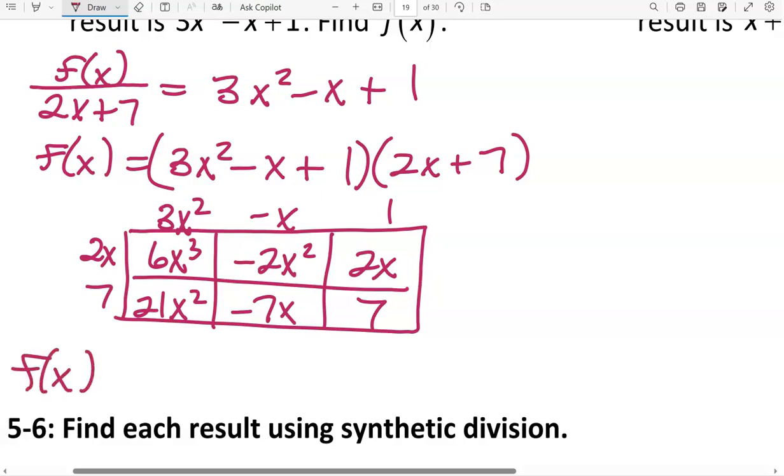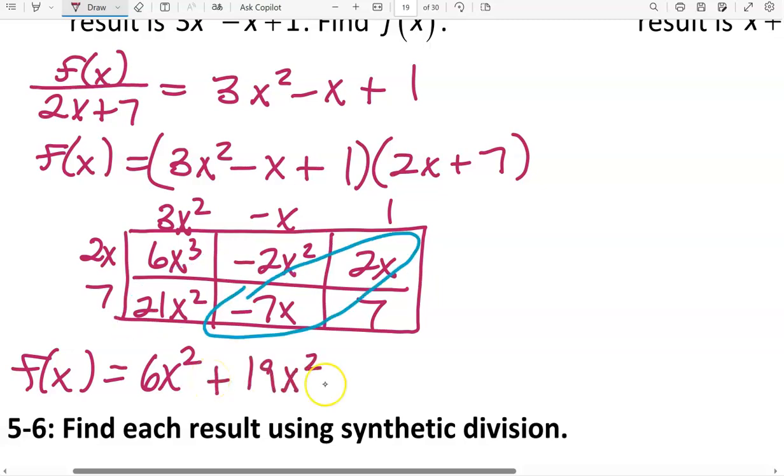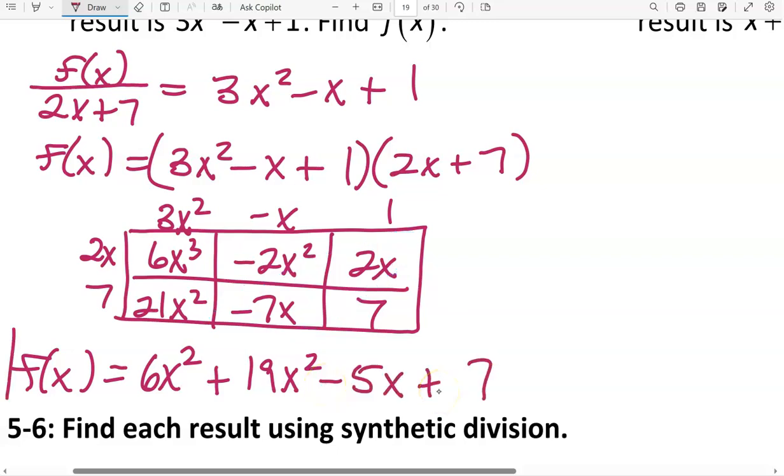So, combining like terms, f of x is equal to 6x cubed plus 19x squared minus 5x plus 7.